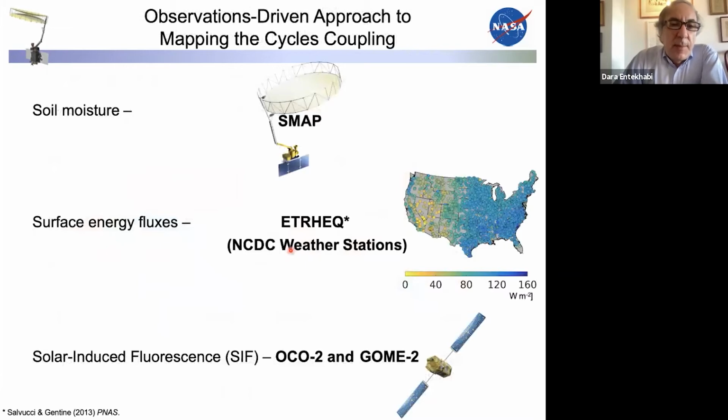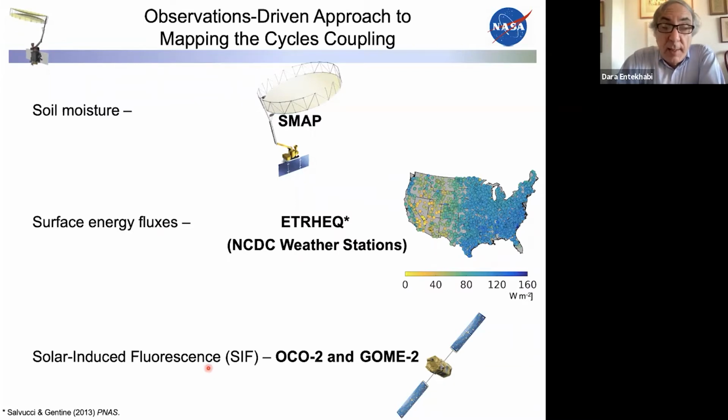So in order to get independent data sets for the x and y axis of those plots, for the x-axis, we have the soil moisture measurements of SMAP. For the evaporative fraction and available energy, we have weather stations and a technique to derive those energy balance components from them. And for the carbon flux, we have a unique other data set, which is satellite measurements in a very narrow spectral band, which overlaps with the fluorescence due to photosynthetic chemical reactions.